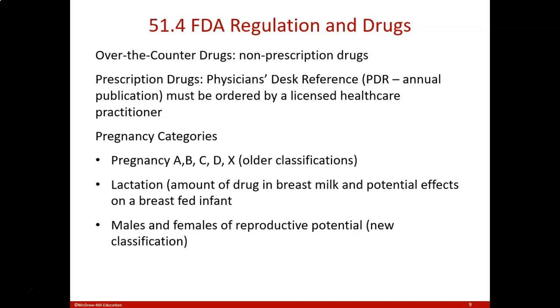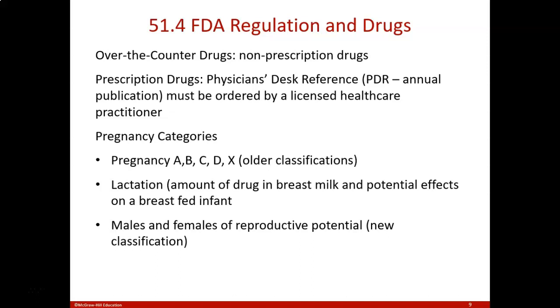And so it's important to realize that even though the FDA goes through and does a lot of testing on our drugs that come out, not a whole lot of people want to be the volunteers when they're pregnant to try medications. And so the older classifications for safety in pregnancy were on an A, B, C, D, X level. And so they would use those letters to correspond to safety and efficacy in pregnancy.